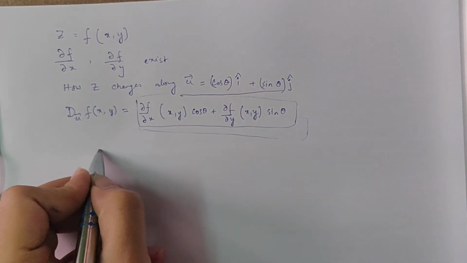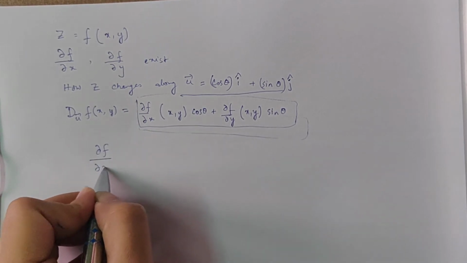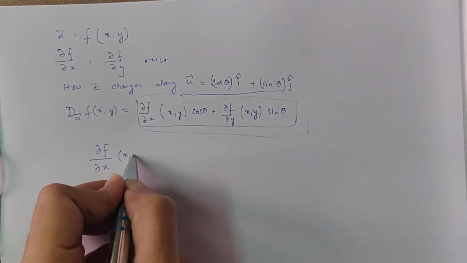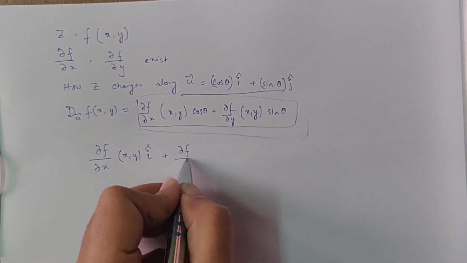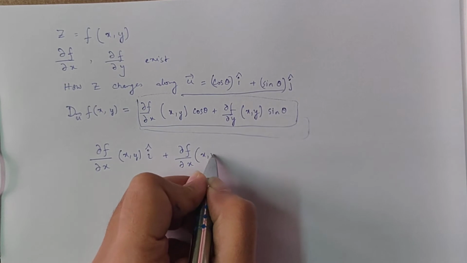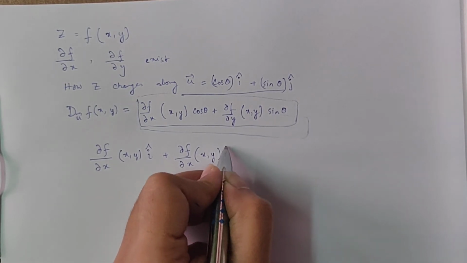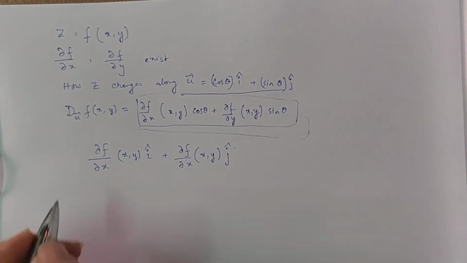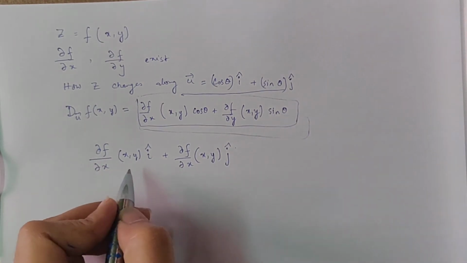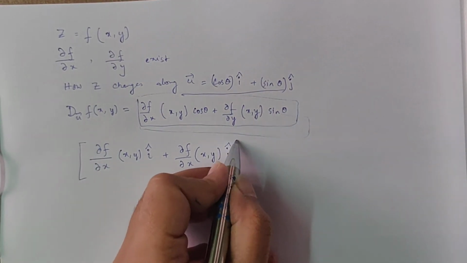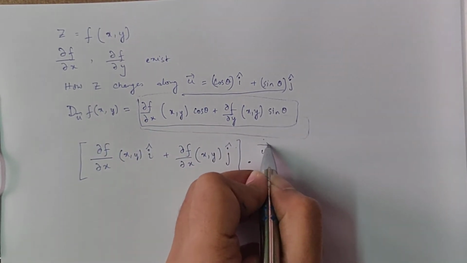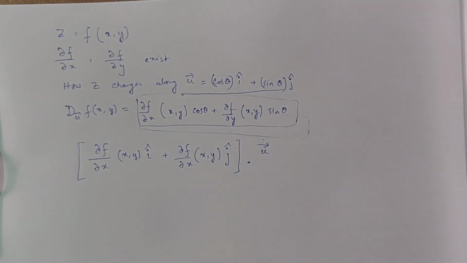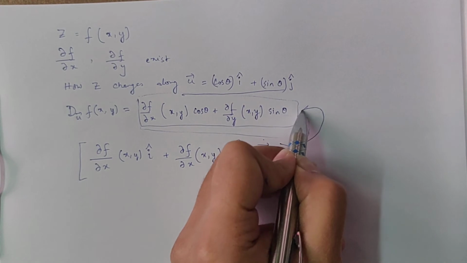If I define one vector like this, and I dot product this with u, which is this, what will I get? I will get back this result.